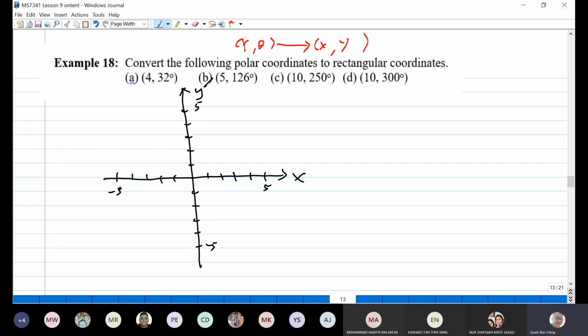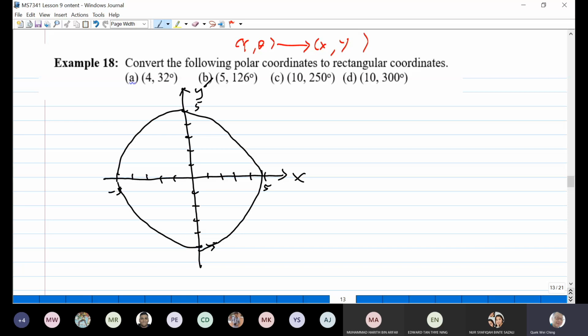So you get a circle. For part B it is a circle of radius 5, center origin.